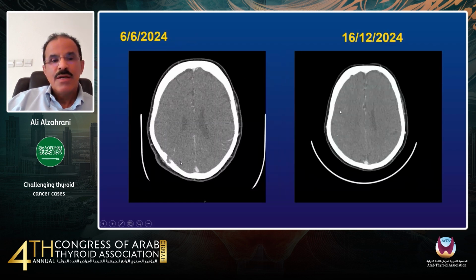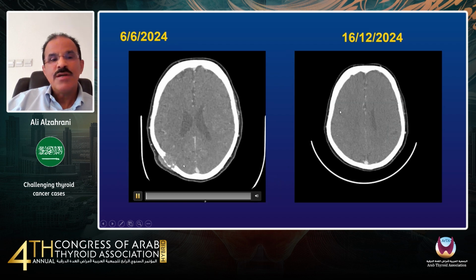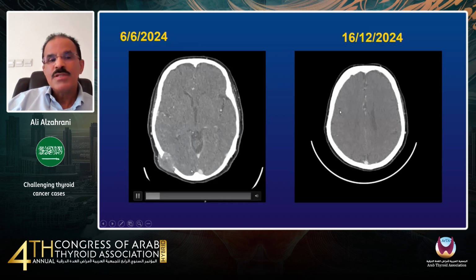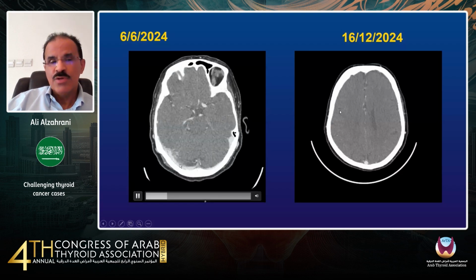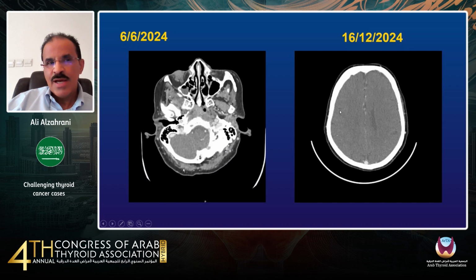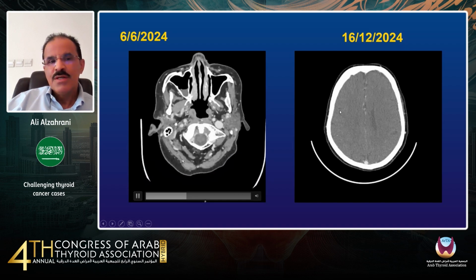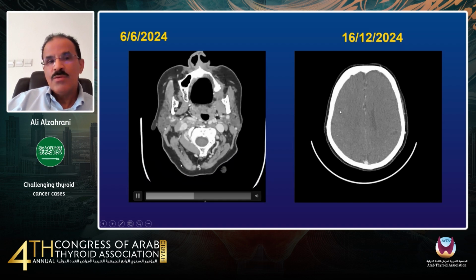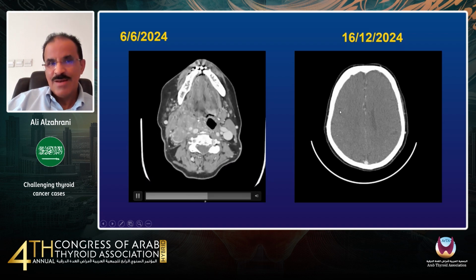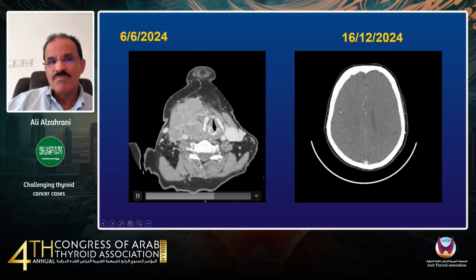Two months later, we start to see some changes, not very impressive, but you can see the mass is probably smaller than before. It was smaller than before by measurements. And even the neck mass, this is around a month and a half later, started to be softer and less tense.